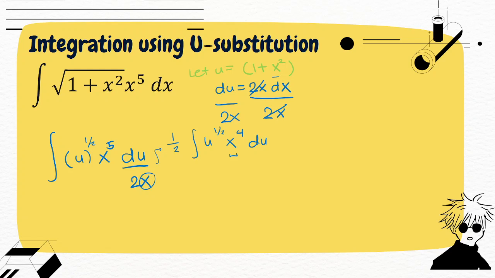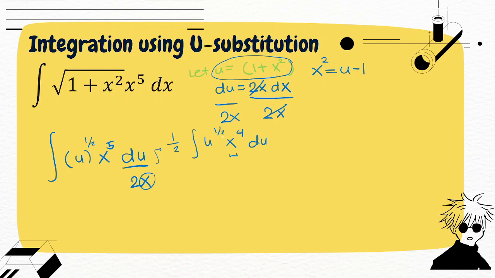But wait. Where can we get x raised to 4? From our first equation. Okay, because if we take x squared, it is equal to u minus 1.